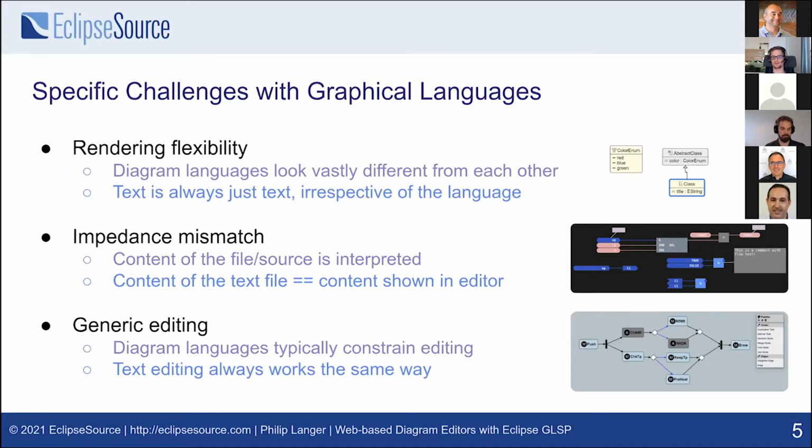The source file is directly shown, and there is no difference between what you see in the editor and what is stored. For diagrams, it's pretty different, because the content from whatever serialization format you use is interpreted and then transformed into a diagram that is then rendered in the client. And that, of course, has a big impact as well.